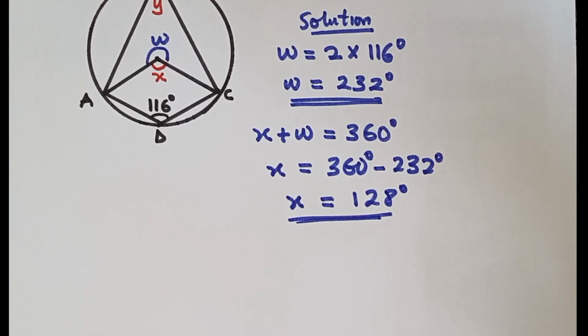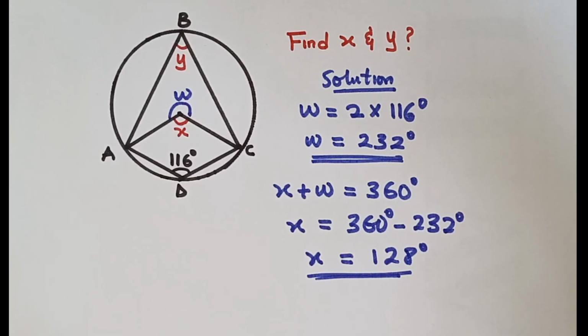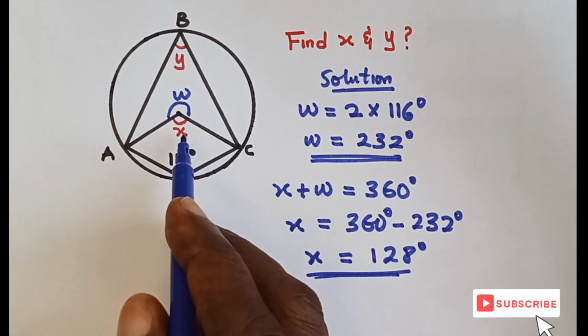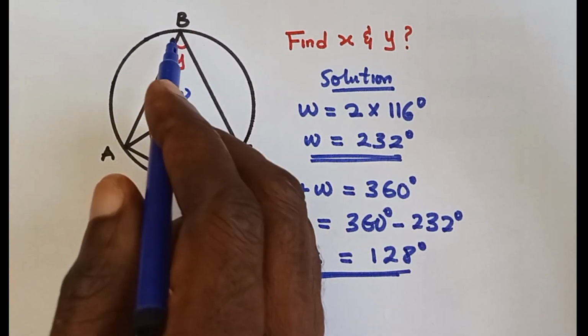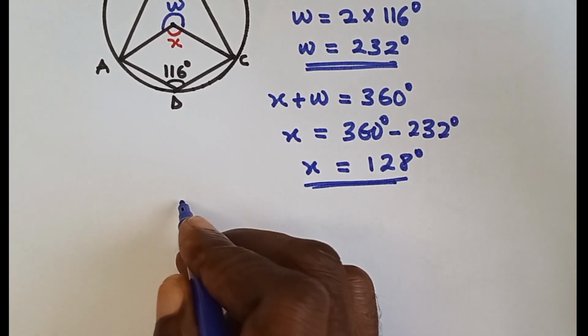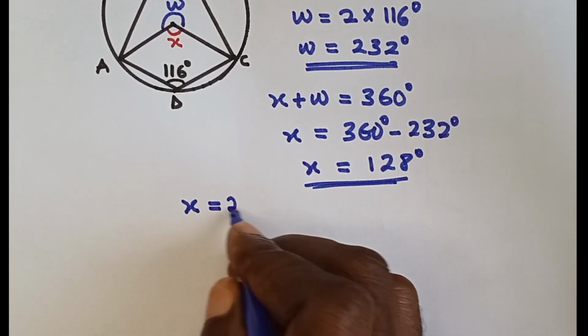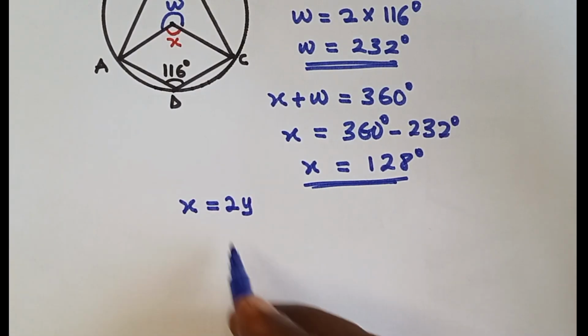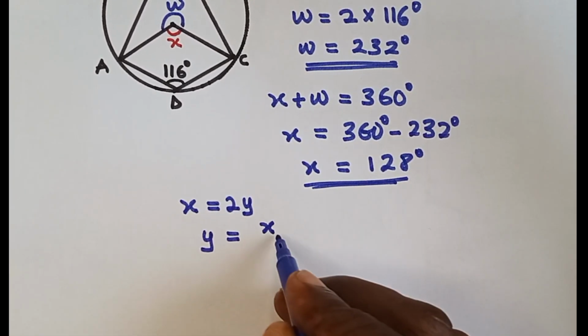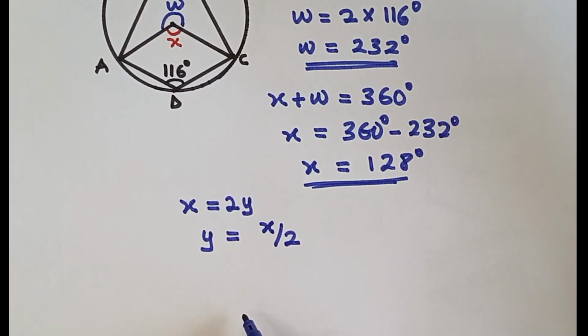Now we can also find y. We still need to apply the law that says the angle at the center is twice the angle at the circumference. So whatever you have here is twice the angle here. We say x is equal to 2y, and we know what our x is. So y is equal to half of x, that is x over 2.